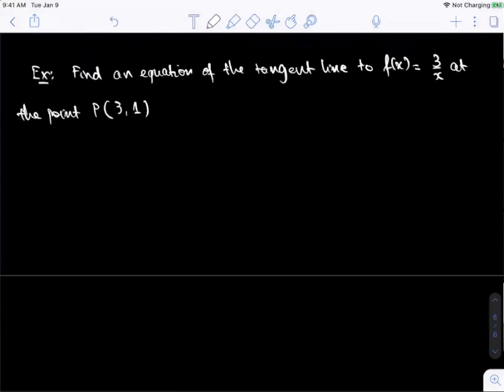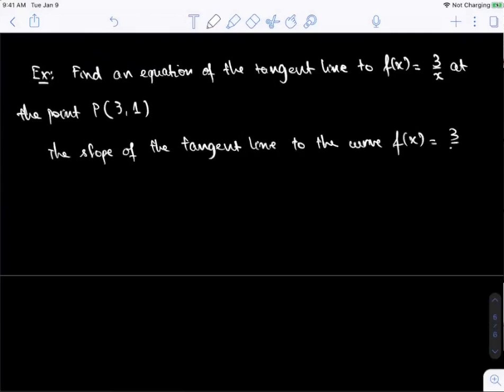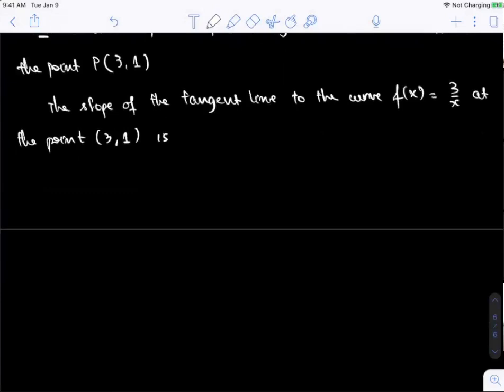So the slope of the tangent line to the curve f of x equal to 3 over x at the point 3, 1 is f prime of 3.